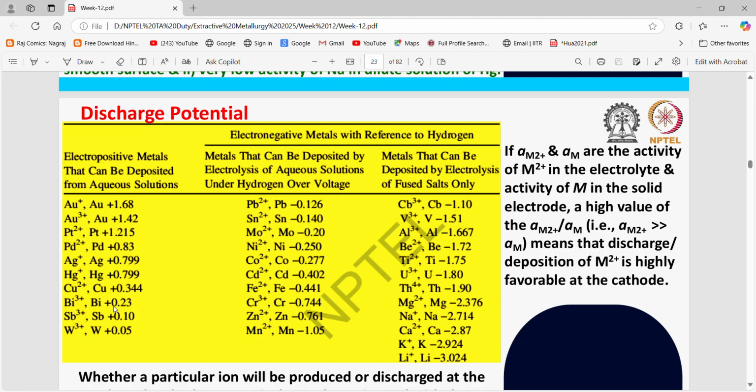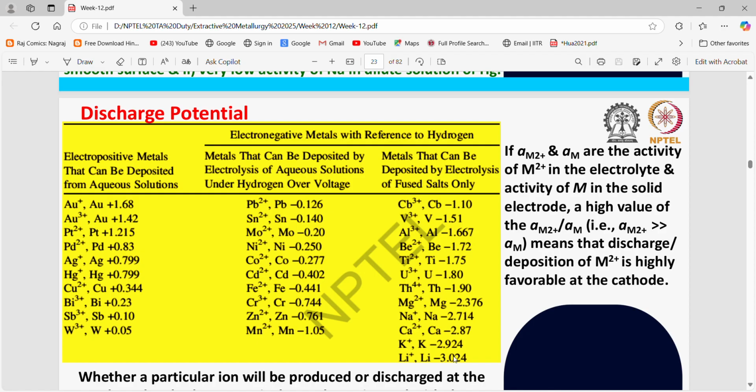Major examples of these elements are vanadium, aluminium, beryllium, uranium, thorium, calcium, sodium, and the highly electronegative lithium metals.